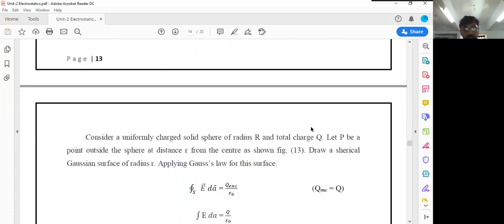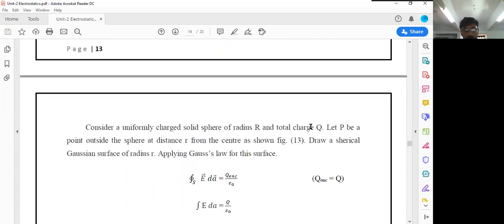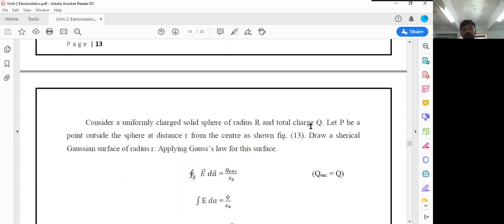According to Gauss's law, the closed loop integration of E dot dA is equal to Q enclosed upon epsilon 0. For simplicity, instead of Q enclosed, we write Q. Now again, the electric field and the area vector are in the same direction for spherical symmetry.